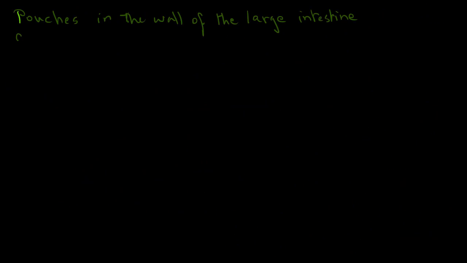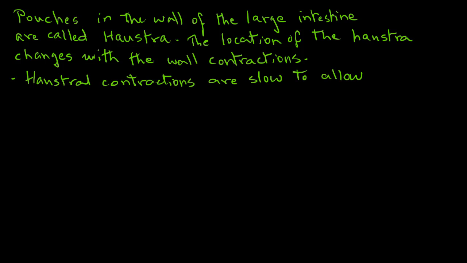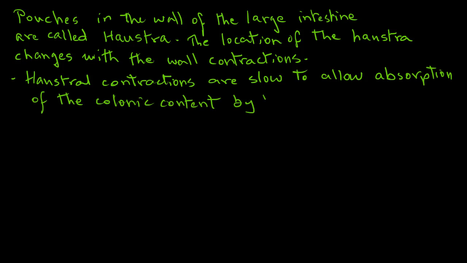These pouches or sacs in the wall of the large intestine are called haustra, and the location of the haustra changes with the wall contractions. So they move, but their movement is fairly slow. That allows absorption of the colonic content by the mucosa, and also allows the bacteria to grow. As we will note, there is a large bacterial population in the large intestine that is involved in fermentation.